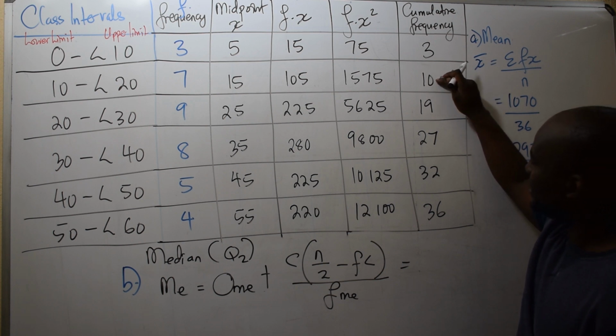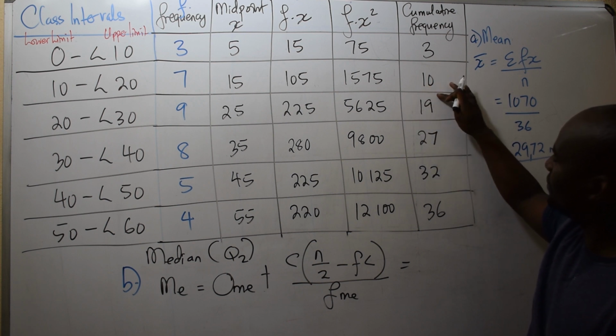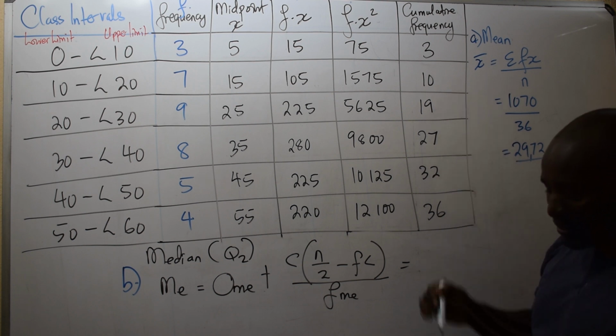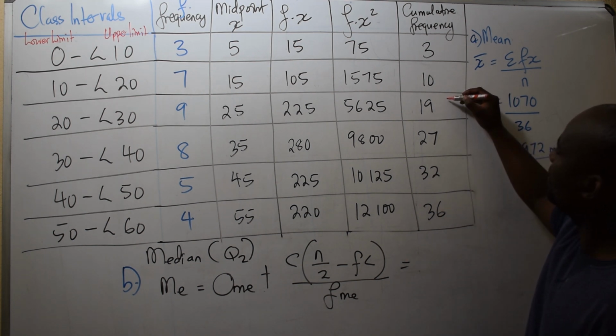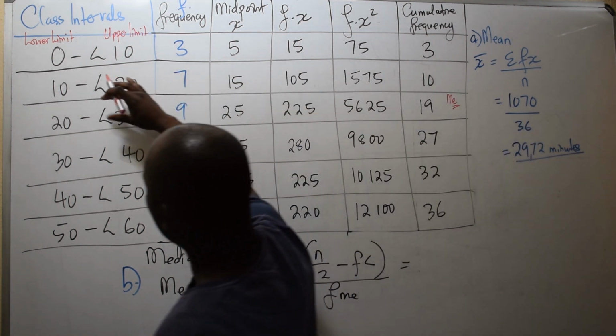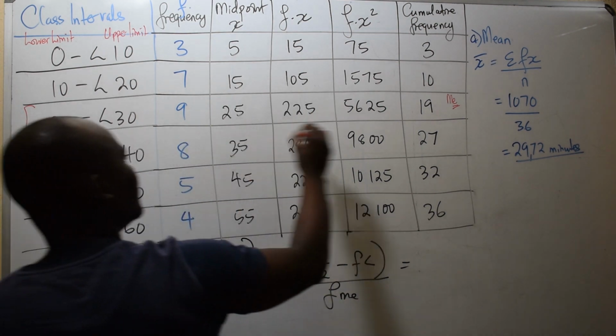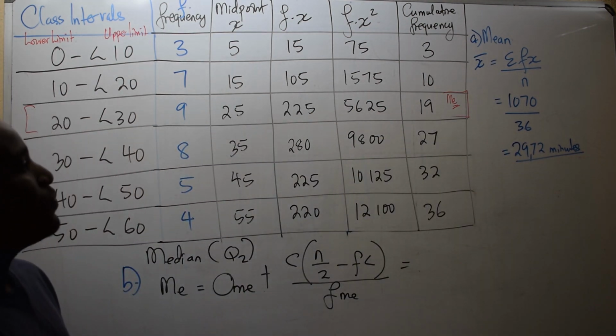It's not in the 10, because the 10 would encompass 11, 12, 13, 14, 15, 16, 17, 18. 18 will be here. So essentially we mark this whole thing as our median interval. That's the use of the table.